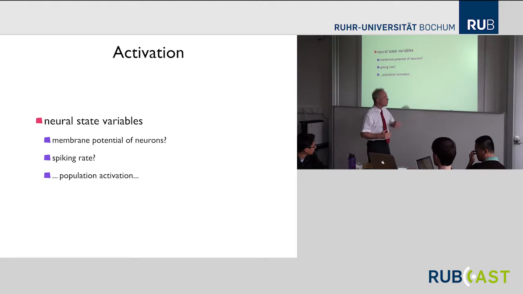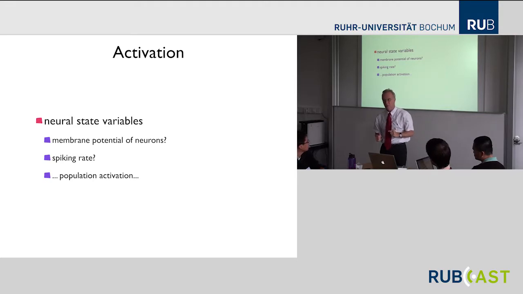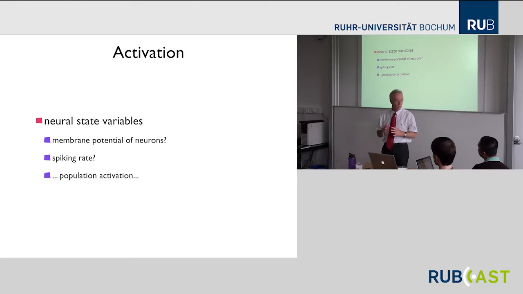And my upshot will be tomorrow that the level of population activation, that is looking at some state variable for a lot of neurons that represent similar things, that are in the same cortical area, maybe have similar tuning curves and so on, that is the best correlate with behavior. And that's why we use this particular level of description. Even if you're talking about population, you still have to say, how do I compute population activation? I'll show you that formally tomorrow.